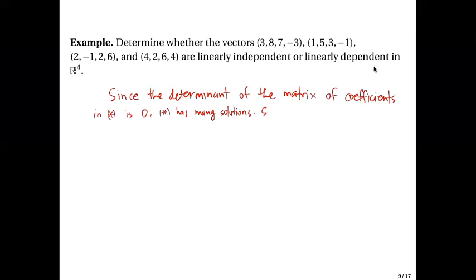So this set is a linearly dependent set.